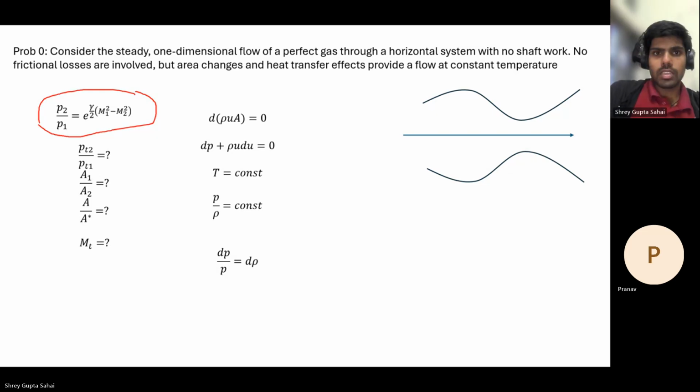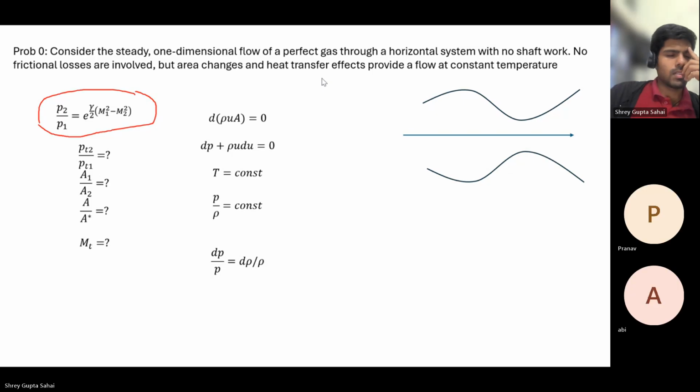So if the pressure increases, so will the density. That's true, right? When the temperature is constant.